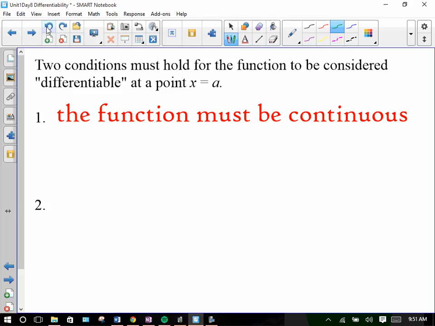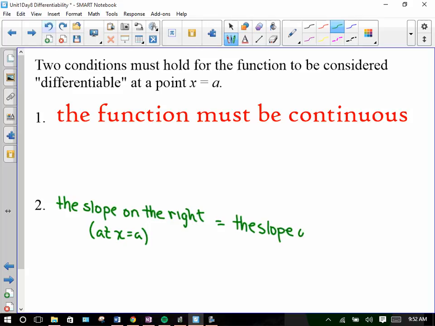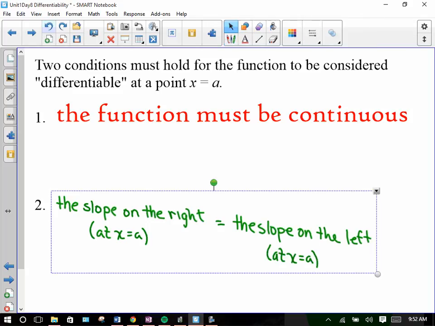So the second thing that must be true is the slope on the right at x equals a equals the slope on the left at x equals a.